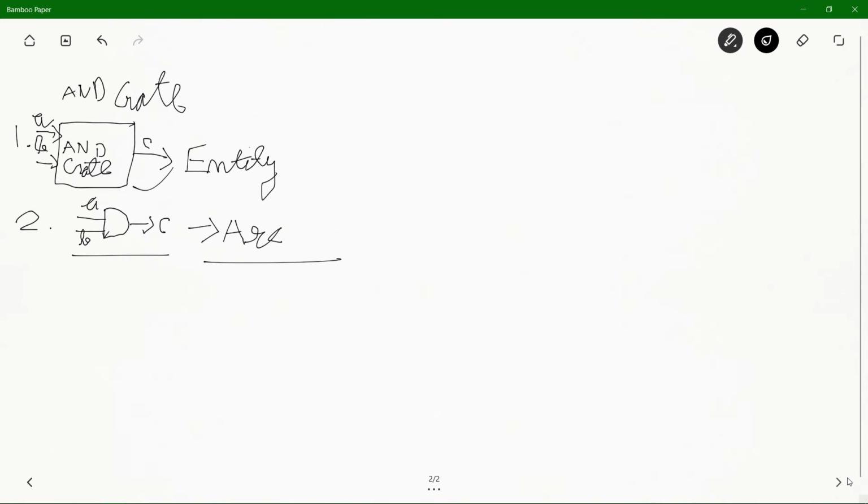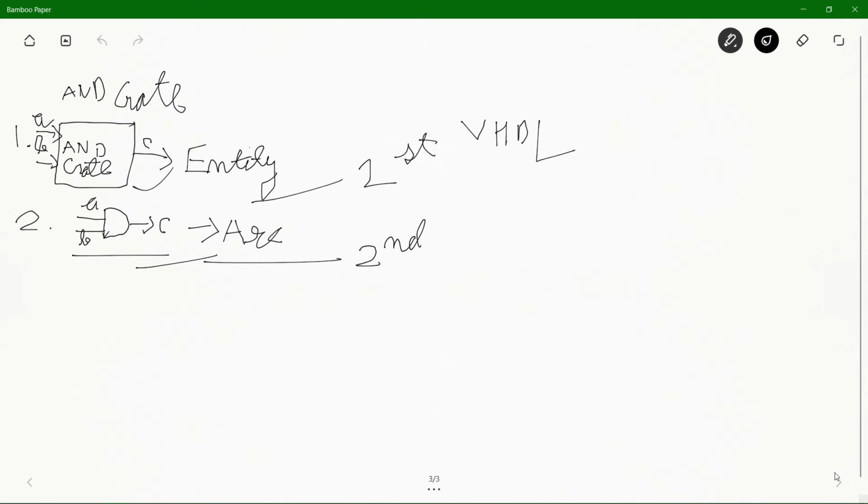So now we have to see what will be basically my syntax for writing an architecture. Keep one thing in your mind, guys. For writing any sort of VHDL language, my entity description will always be my first step, and my architecture description is always going to be my second step.